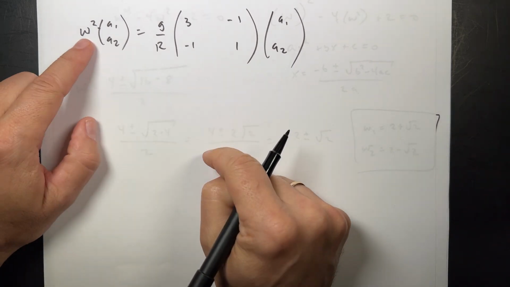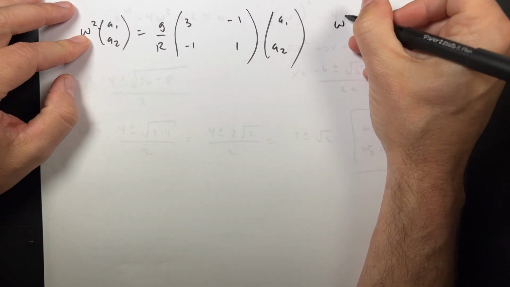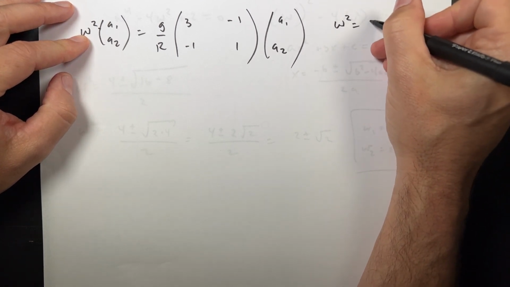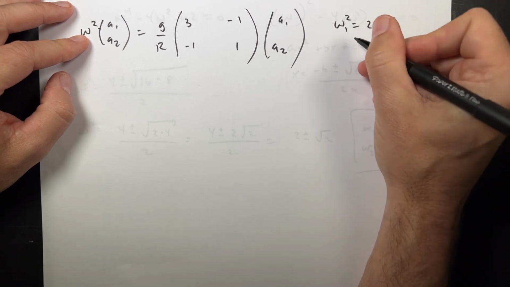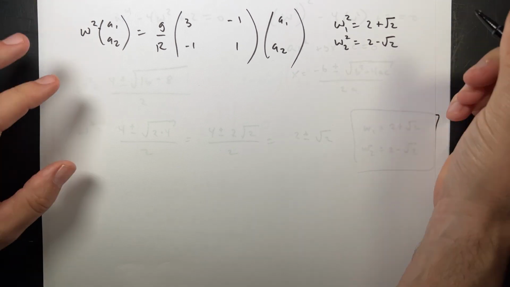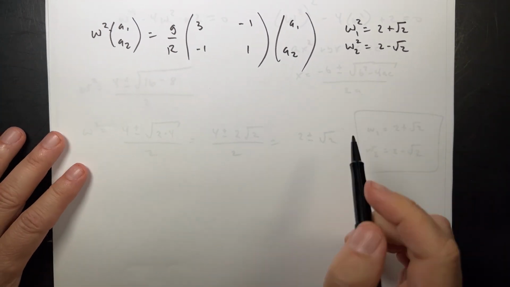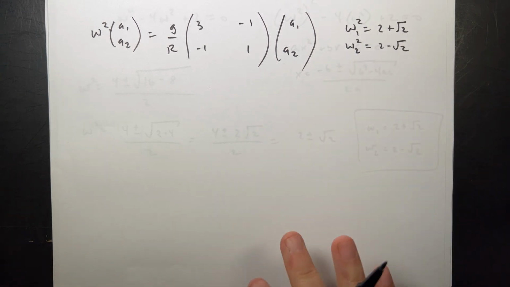So I want to put in my values for omega squared. Remember, omega 1 squared is 2 plus the square root of 2. Omega 2 squared is 2 minus the square root of 2. So let's use omega 1 squared. Oh, you know what? That's wrong.